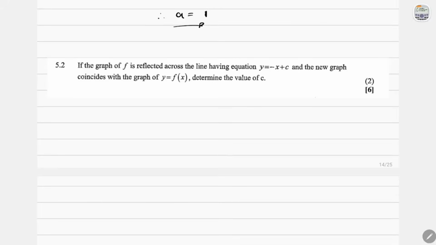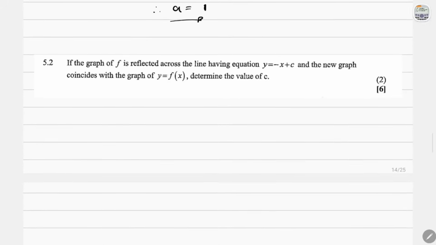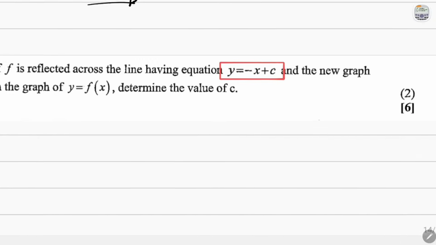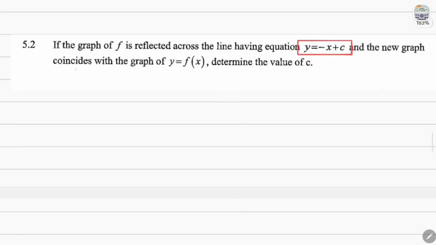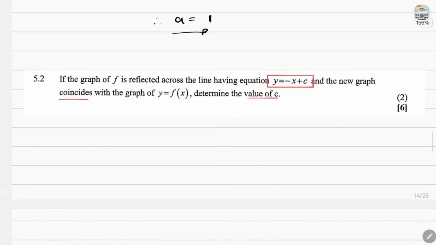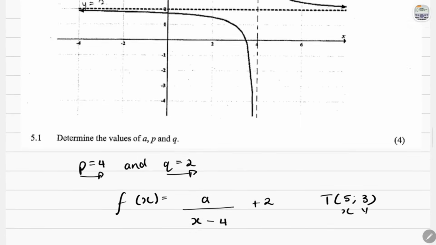Question 5.2 says, if the graph of f is reflected across the line having the equation y equals negative x plus c, and the new graph coincides with the graph of y equals f of x, determine the value of c. Okay, so the graph of f is reflected across this line y equals negative x plus c.